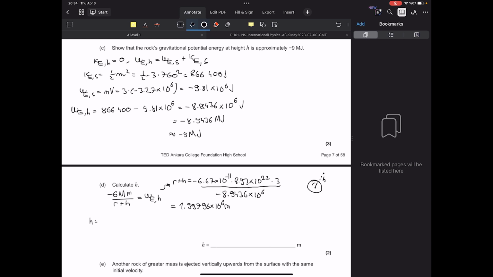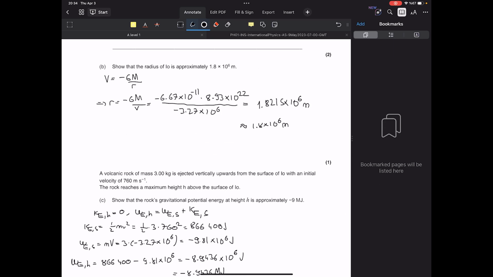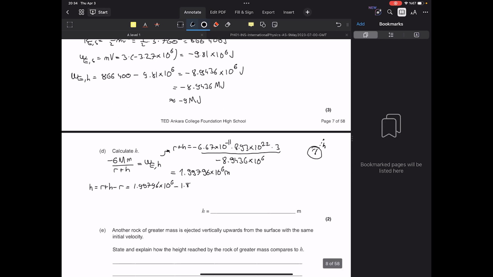So h is going to be r plus h minus r. So it'll be 1.99796 times 10 to the 6 minus the radius we found as 1.8215 times 10 to the 6, which will be, that's really large, 176,456 meters.